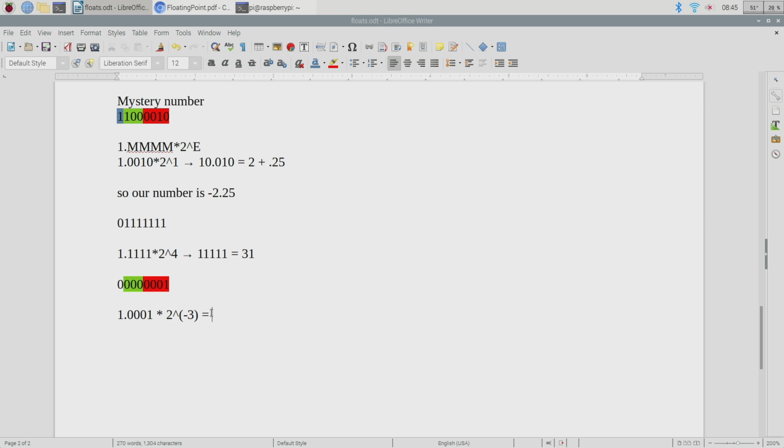To the left, by 3 positions, and so I would have 0.001 this. Do you guys agree? Yeah? And I'll put a leading 0 out front just for cleanliness. All right, so what is this number?